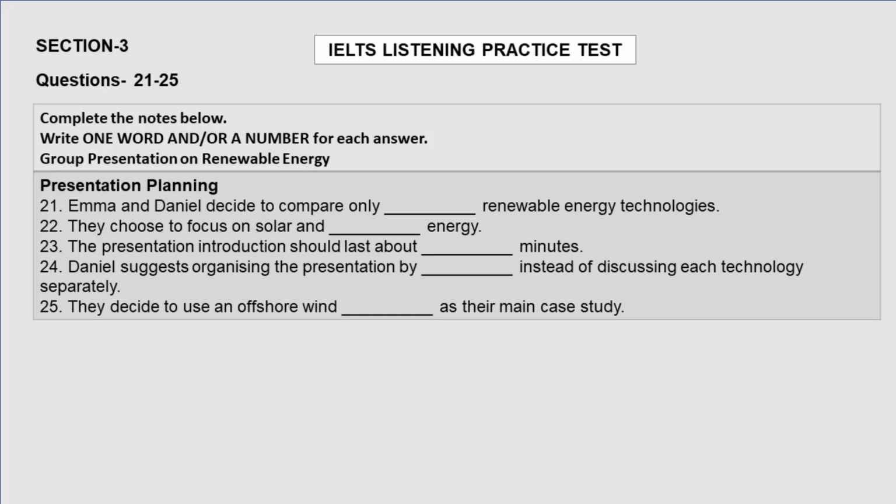I agree. The figures are easier to interpret and they support our conclusion more effectively. Great. So we've decided to focus on solar and wind energy, organise the presentation by themes rather than technologies, and use the offshore wind project as our main example. That sounds like a solid plan.